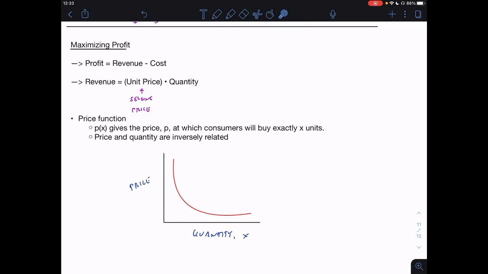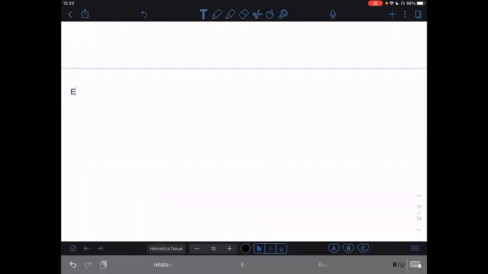Let me set up a little example here on how to find that price and quantity to help us maximize the profit. Suppose that a certain company finds that it costs $200 to produce each bike that they want to sell.